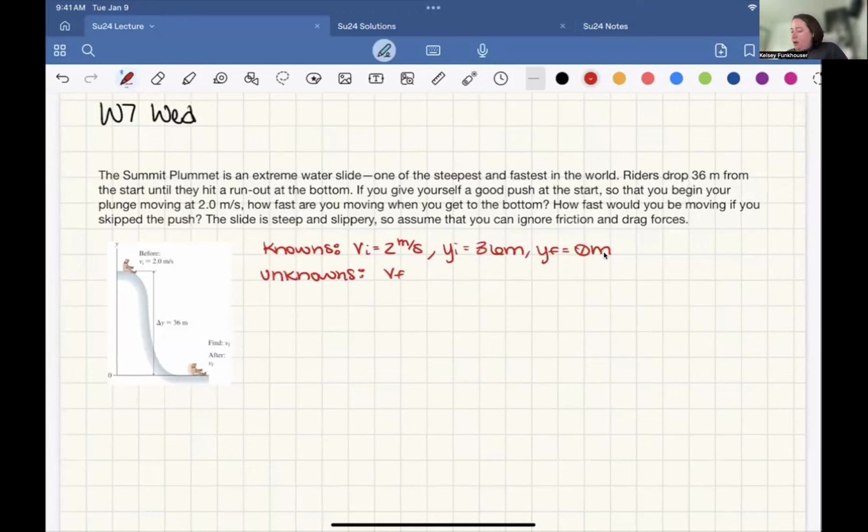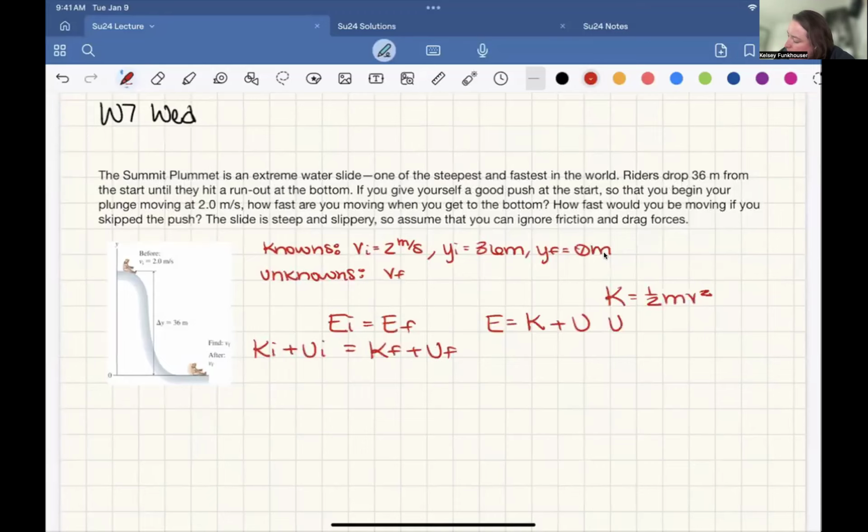The slides before this problem were on conservation of energy, so let's go over that. Initial energy equals final energy, and the energy equals the kinetic plus the potential. So initially the kinetic plus the potential is equal to the final kinetic plus the final potential. Let's remember the equations: kinetic is 1/2 mv squared, and gravitational potential is mgy.